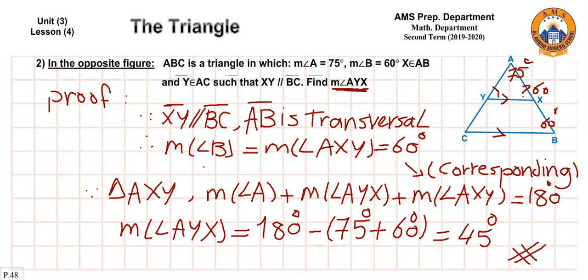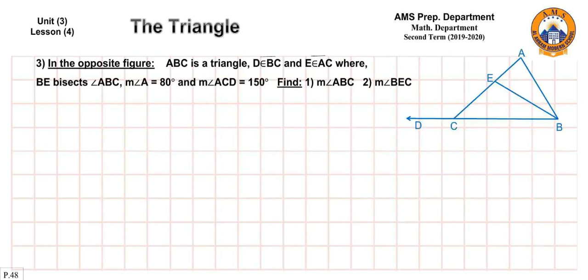Exercise 3. In the opposite figure, ABC is a triangle and D belongs to BC and E belongs to AC, where BE bisects the angle, so we have two equal angles here. The measure of angle A equals 80 and the measure of angle ACD is 150.